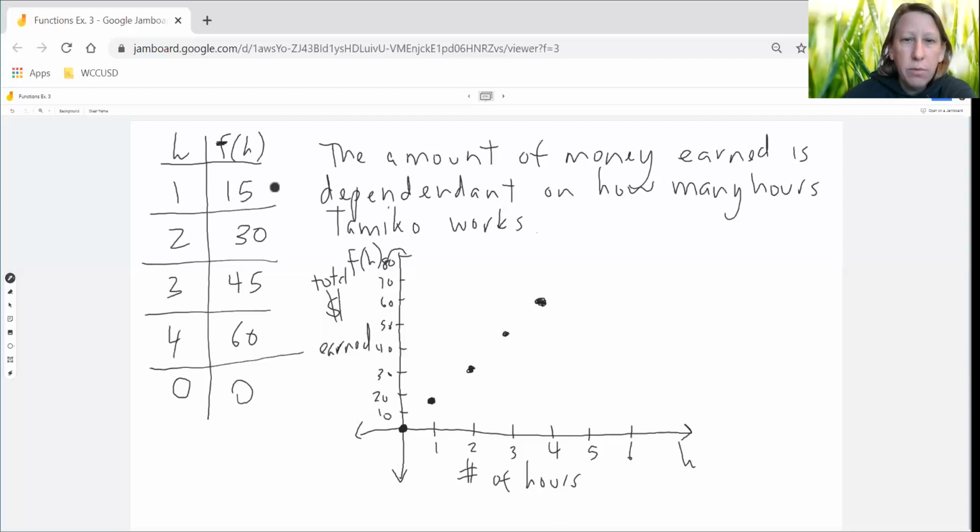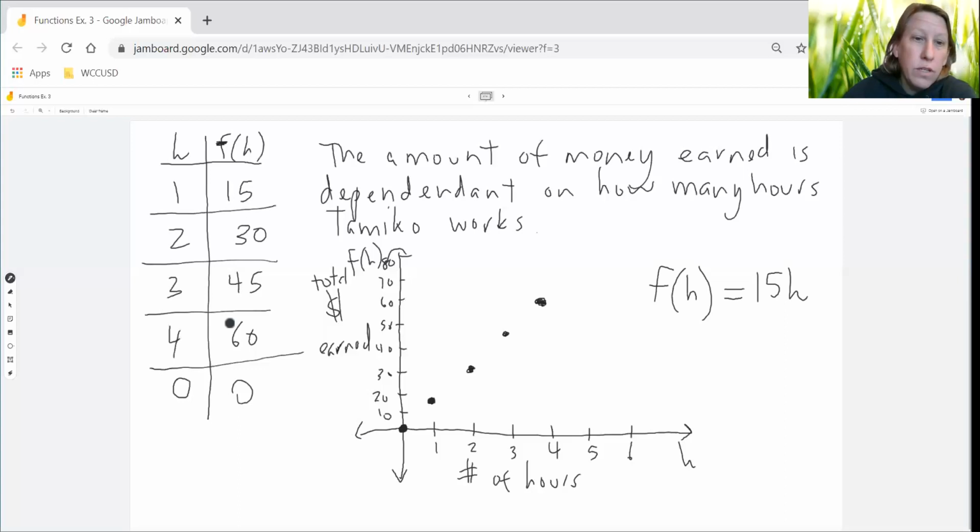All right, we have a table, we have a graph. Anyone want to try for the equation? We have words. So we got 3 representations. Anyone think they know the equation? Yeah. The outcome, f of h, the function of how many hours she works, is equal to 15 times h. Kind of cool?